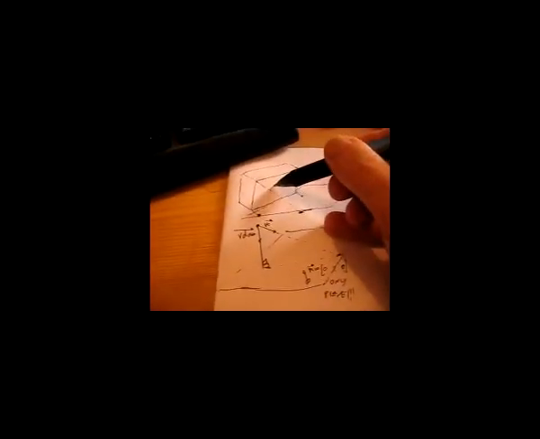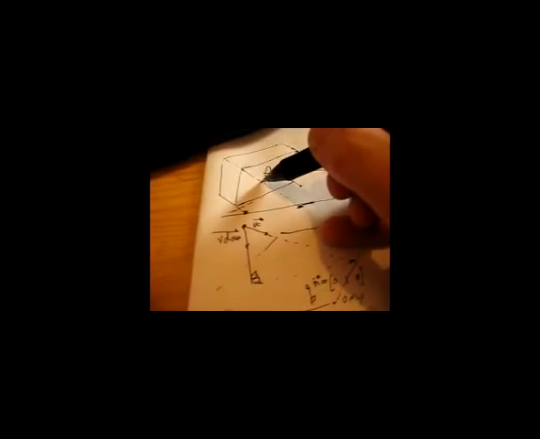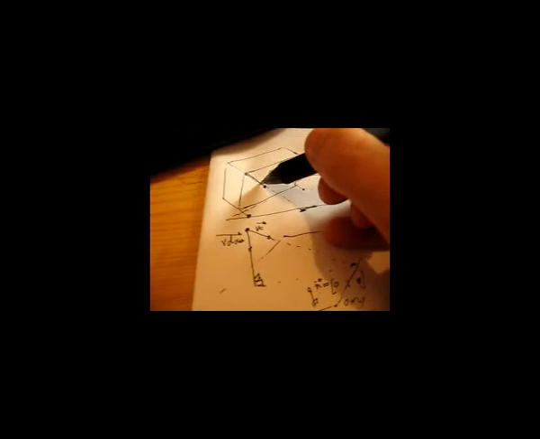We have the rigid body, call it A. We have a virtual spring that has a proper length L0.